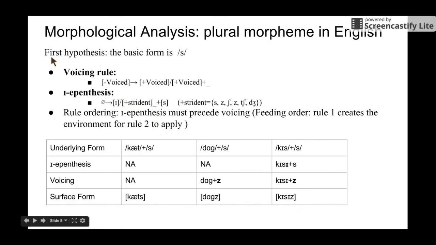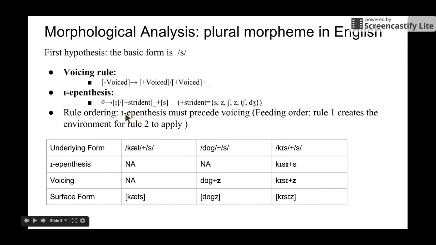Again, we are assuming that the basic form is S. Okay, and we have two rules, the voicing rule and the epenthesis rule. And actually, if we have more than one rule, then we have to think about the rule ordering. So actually, we have two possible orderings, right?